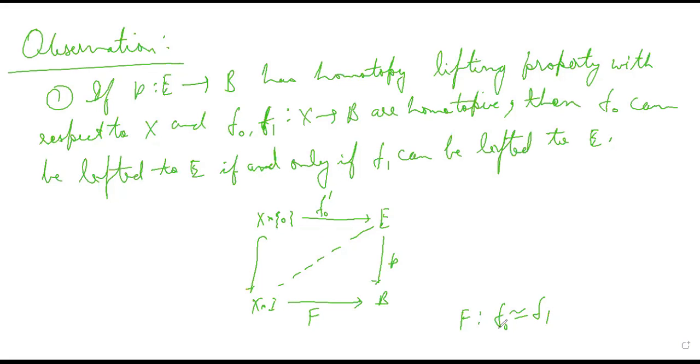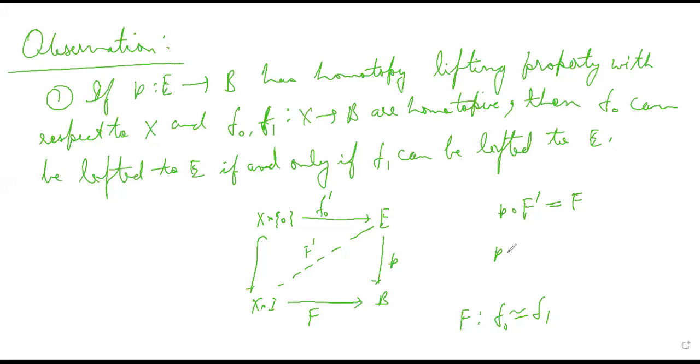So if F naught tilde can be lifted to E, it means what? Because P has the homotopy lifting property with respect to X, there will be a map F prime from here to here such that F prime composed P is F, right?